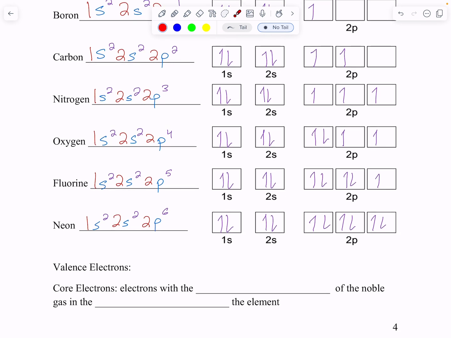So valence electrons are the outermost S and P electrons. Core electrons are the electrons with the noble gas configuration, the noble gas in the period above.